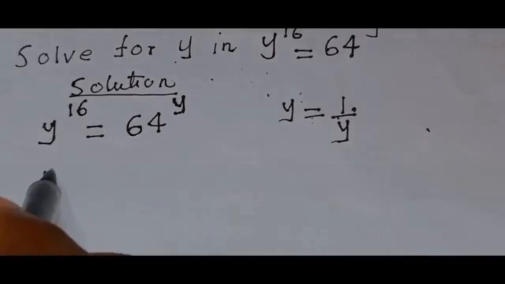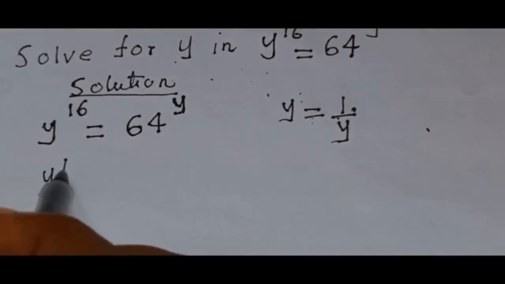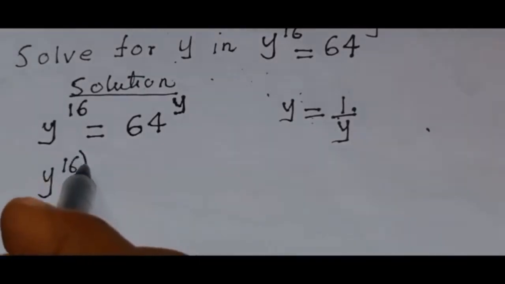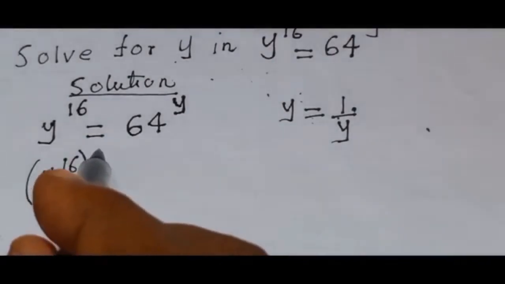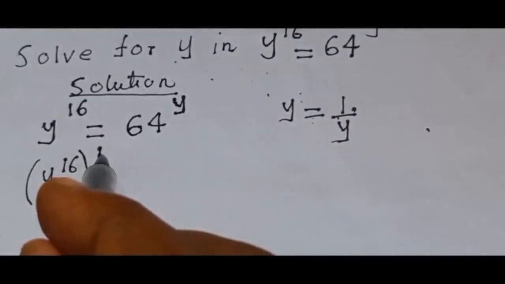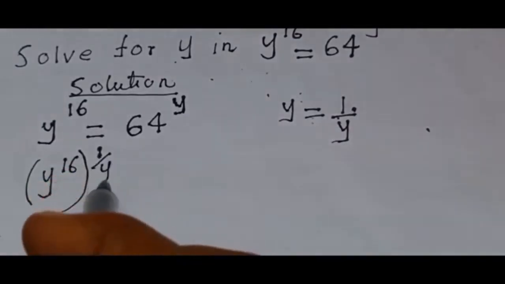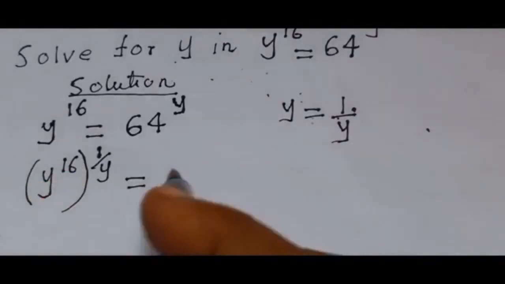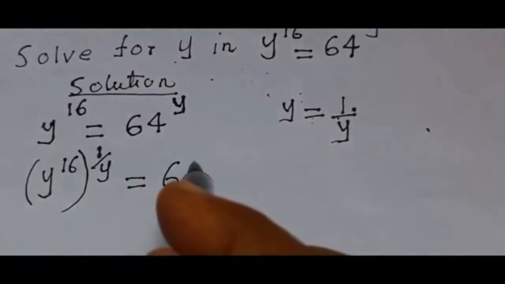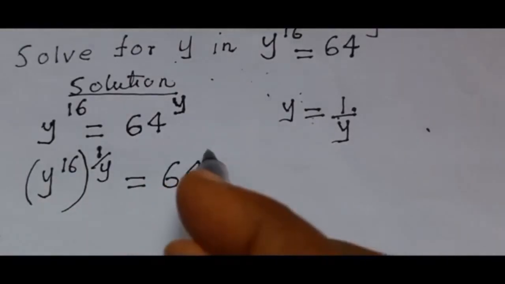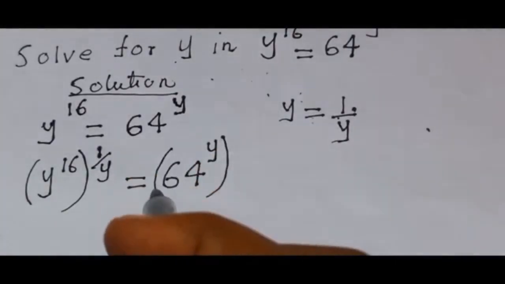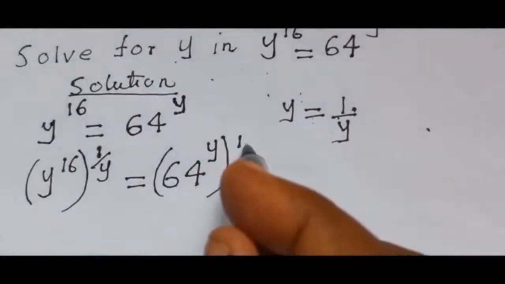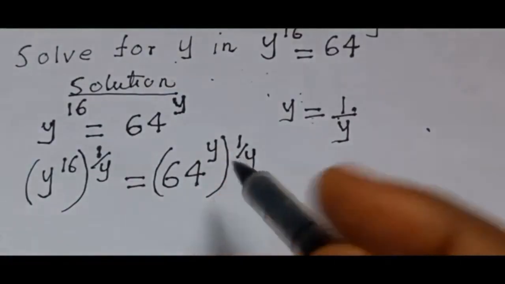So we have y raised to power 16 in the bracket raised to 1 over y equals 64 raised to power y in the bracket raised to 1 over y.